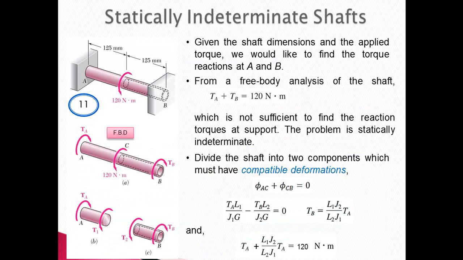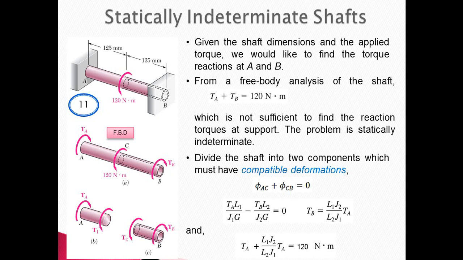Picture 11 shows the shaft or circular bar AB fixed at both ends and subjected to a torque of 120 Nm at the middle of the shaft. Now, what is the reaction torque at support A and B? Can you solve it using only the equations of equilibrium? We start analyzing the shaft using the equation of equilibrium, summation of force in the x direction equal to 0.